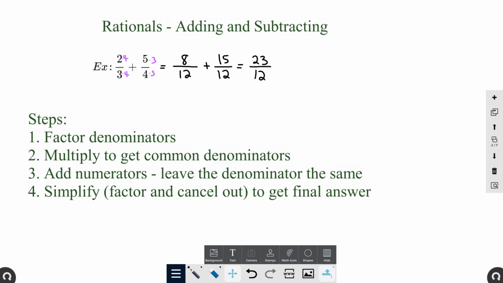So step 1, factor your denominators. Remember how I told you can make at least a 60 on the next test if you just factor. So that's your key thing. But on addition and subtraction, you just work with the denominators to begin with. Then multiply to get those denominators the same. Then you add up your numerators, leaving your denominators the same. But then that very last step is like what we did the first day of this unit. We have to simplify that fraction if we can. So there might be some more factoring and might be some canceling out.